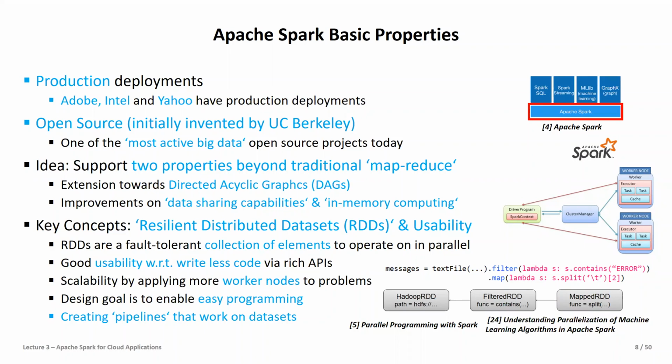They are fault tolerant. They basically operate all in parallel without you knowing. You see there on the right-hand side an example. When you want to filter a message from a text file, with Lambda you have small functions you can implement, and actions here you see splitting and containing every line basically in the text file that has an error message. If you want to have a log file analyzed, it's one line.